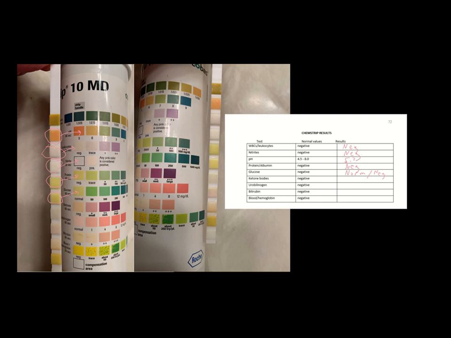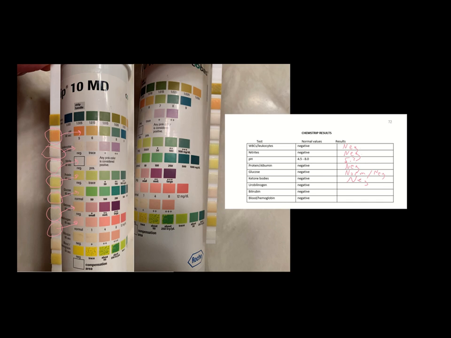All right, ketones are boxed right here. It doesn't really match the negative. It doesn't seem to really match any of those boxes. But I would say of those, it's closest to negative. So that's what I will call it. Next, urobilinogen seems to match this box.